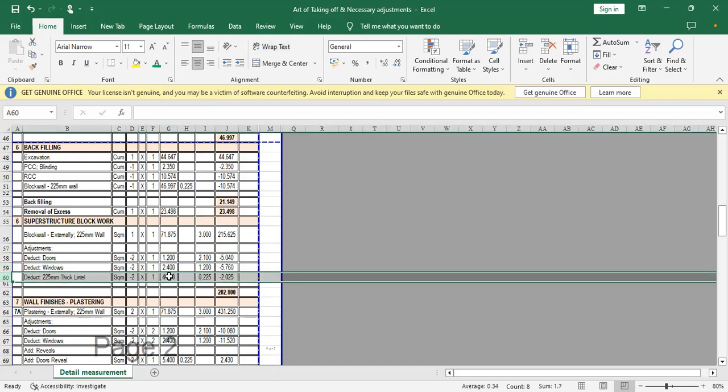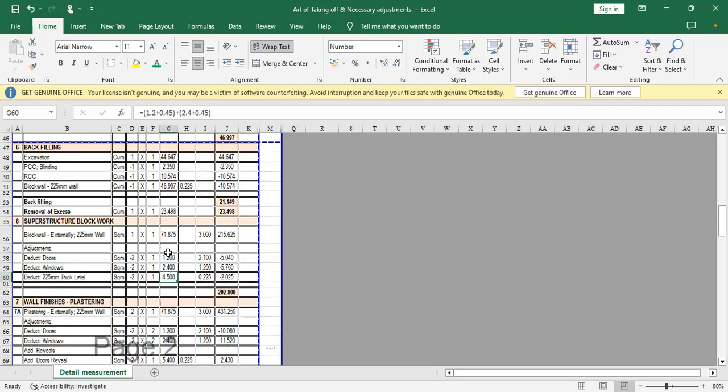And their lintel, we can combine the two together. 1.2 plus 0.45 is for door, while 2.4 plus 0.45 is for window. And since their height is 0.225, both of them, we can actually consider them together. And both of them, they are both two numbers.